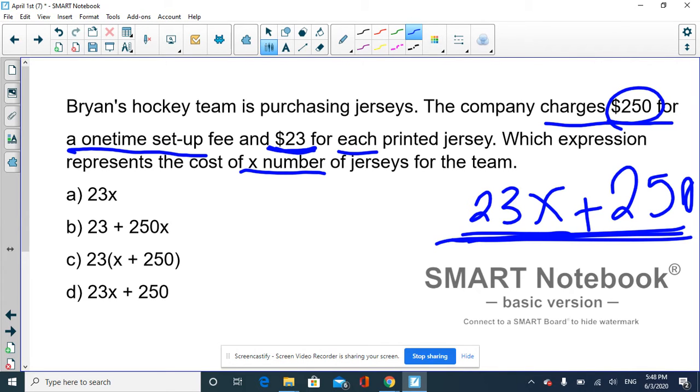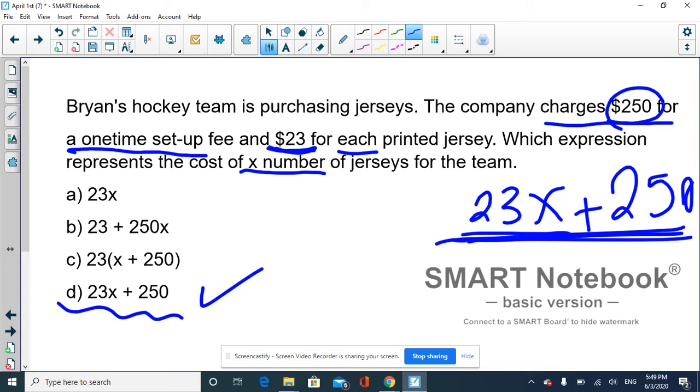The first one, 23x only, is not correct. They will pay $250 one time. Choice B, 23 plus 250x, no. C, D, 23x plus 250.